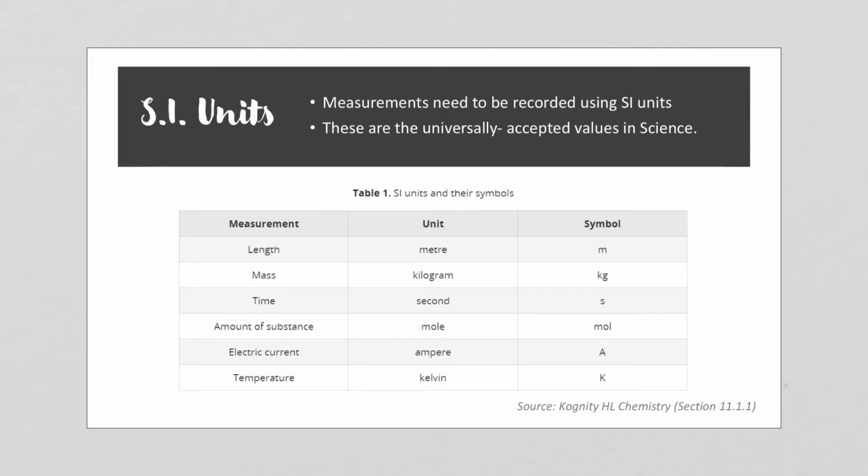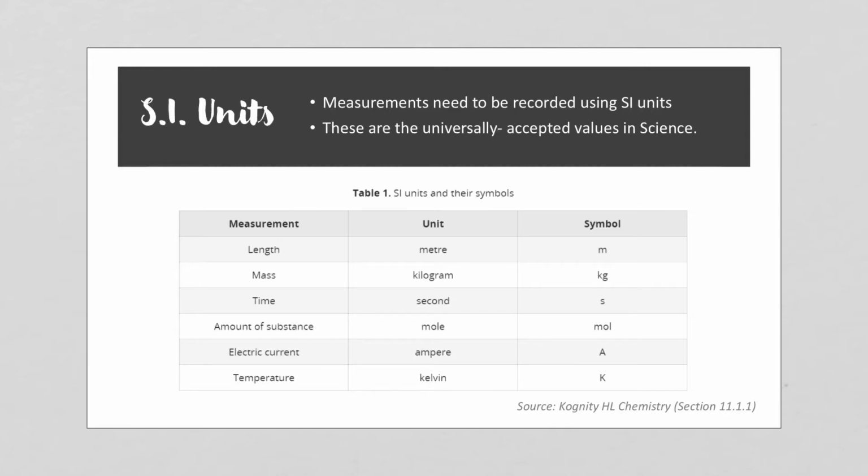So SI units, standard international units, are measurements that we need to be using when we're recording measurements. So we need to use the standard international units in our IB assessments. They are the universally accepted values in science, and I've included a few here.